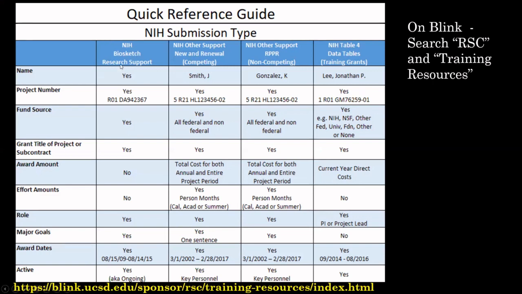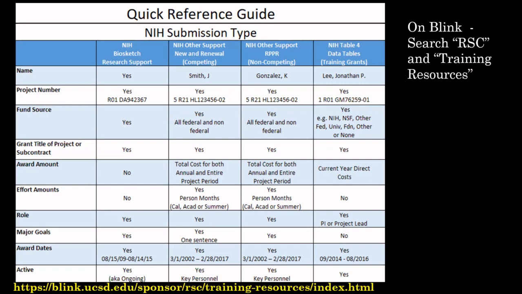This is something that is on the website, and I find it very helpful because you can see what's required. This is the NIH Biosketch research support, this is the format. Other support as far as a just-in-time, it would be here, and then RPPR, and then we also put in the data tables because that is also something that comes up quite a bit.